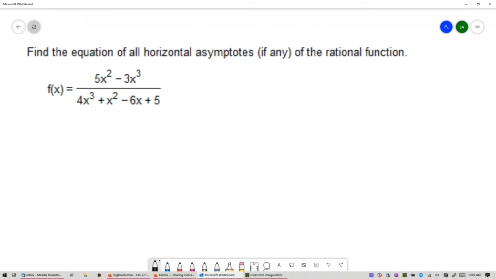All of the rules that we have involve knowing the degree of the numerator and the degree of the denominator. We call n the degree of the numerator, and we call m the denominator degree, and we compare them.